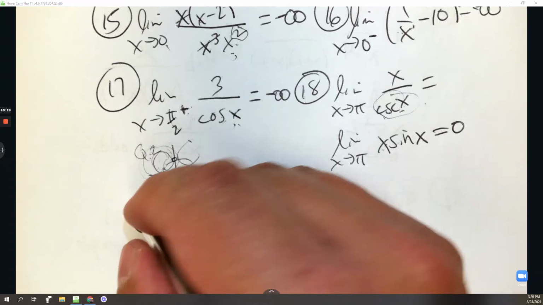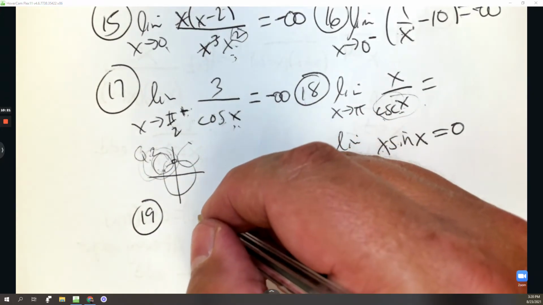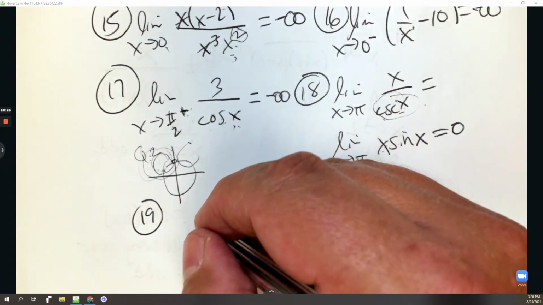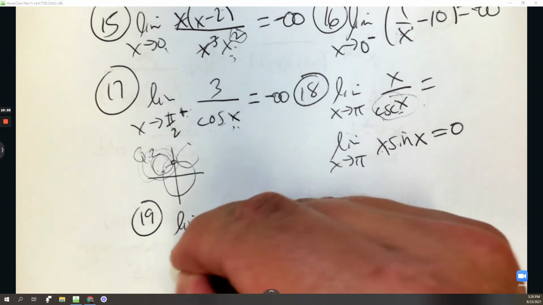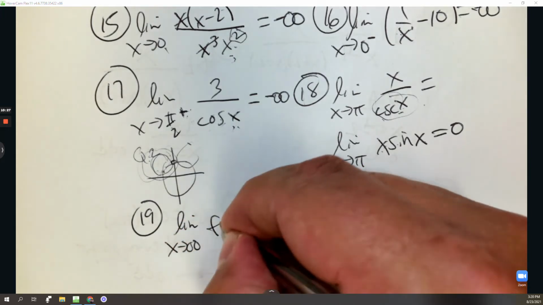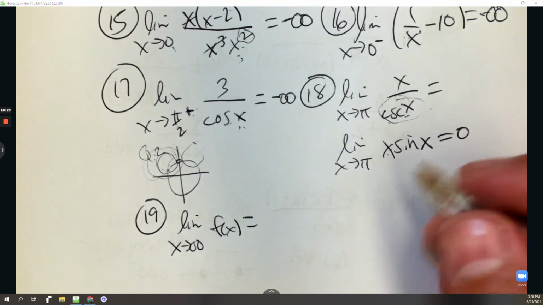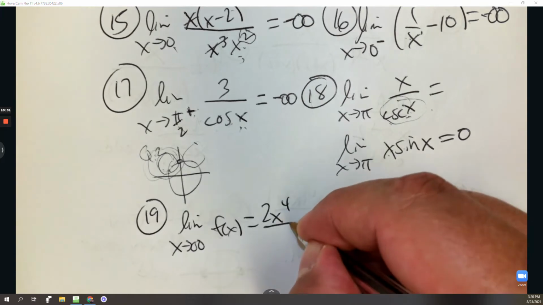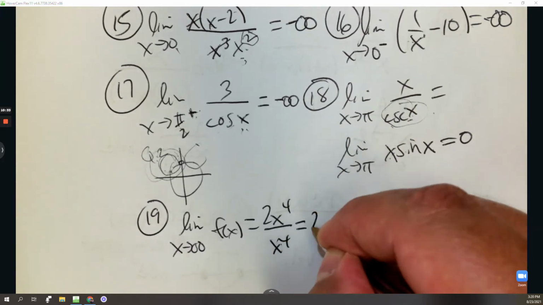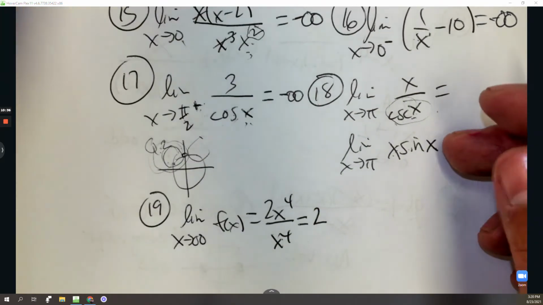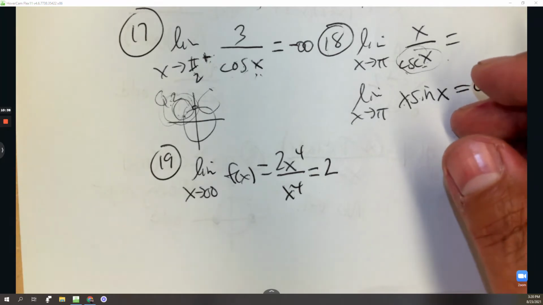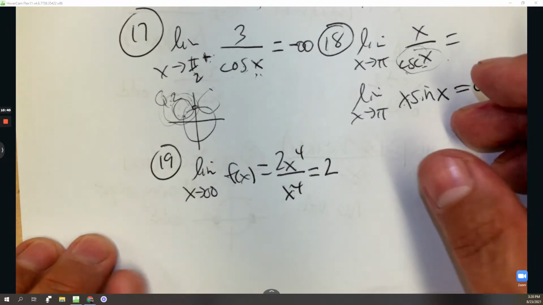Find these limits without using a calculator. So it gives you a graph, which is nice, and an equation. So what's the limit as x approaches infinity of f of x? This is power term over power term. So the power term on top and the power term on the bottom divided out, and the right end behavior is going to 2. That's the same for the left end behavior too, and you could see that on the graph.